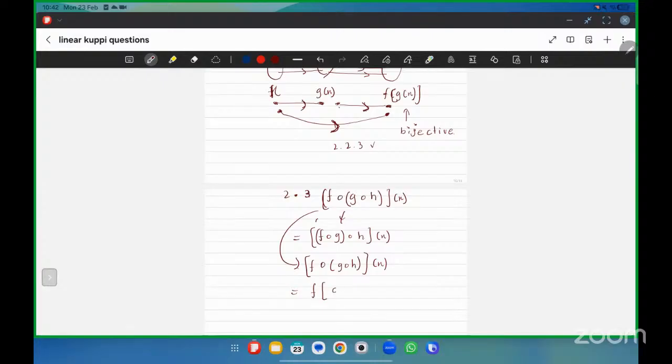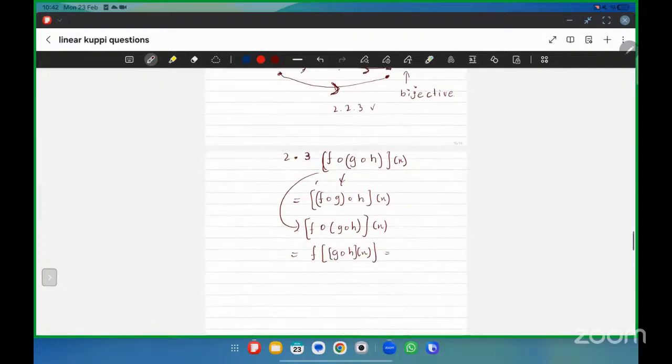So we can write this as f of g of x. So that is equal to f of g of hx.